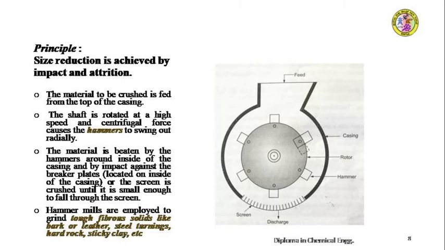Tough fibrous solids like bark of trees, leather, steel turnings, hard rock, and sticky clay can all be ground in a hammer mill.